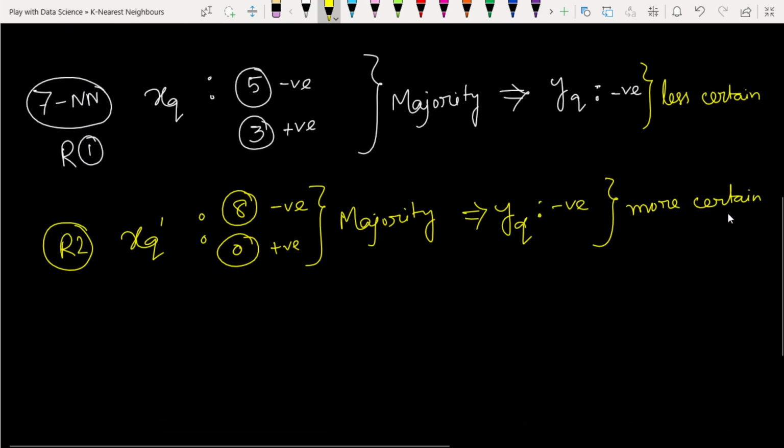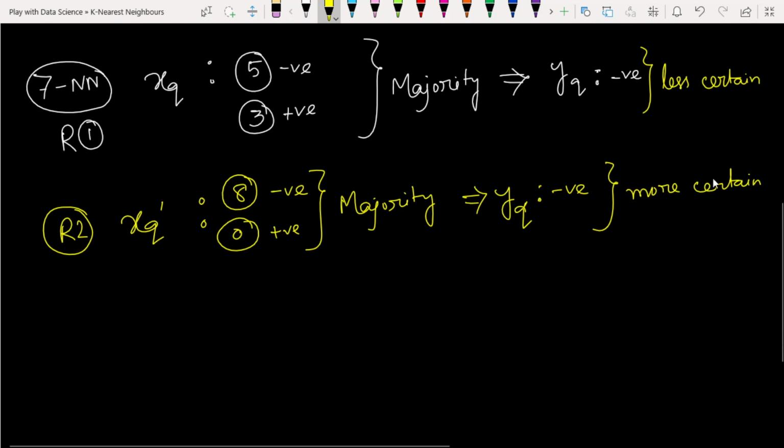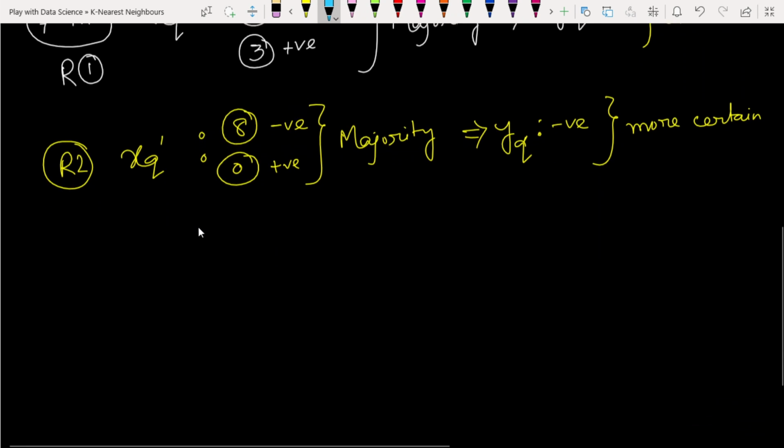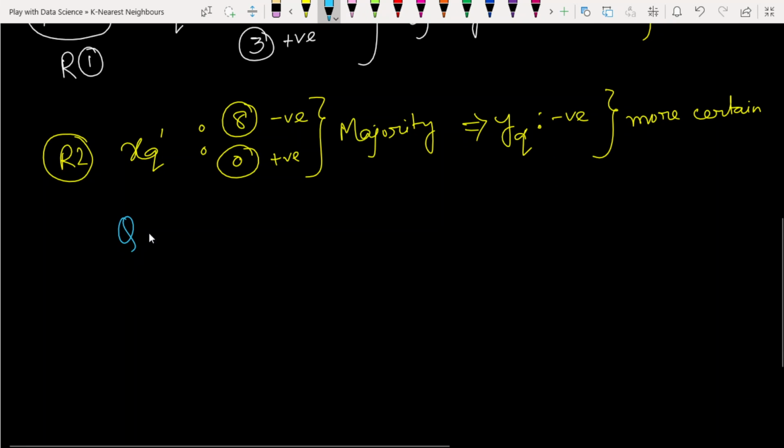Okay, now let's quantify this uncertainty. To quantify the uncertainty, how will we do that? Simply by using the probability concept.